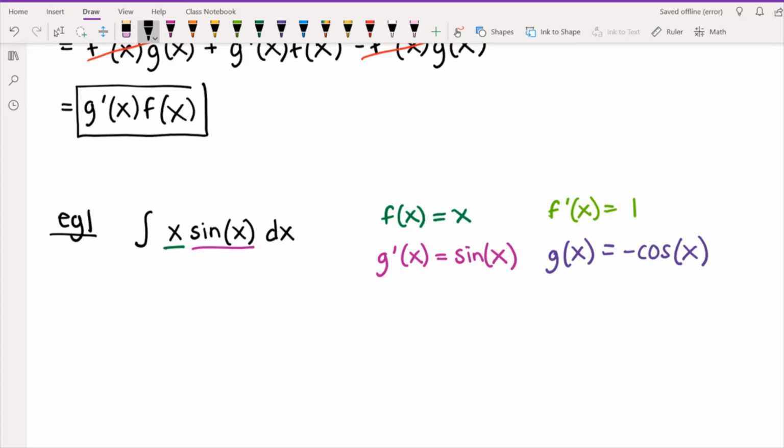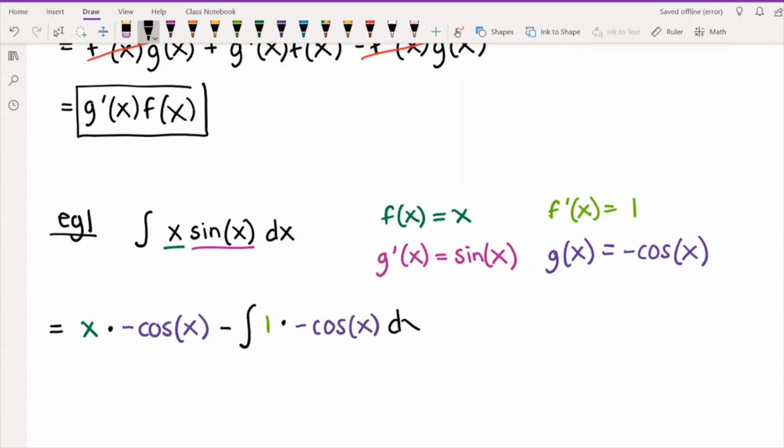Okay, so what is this going to give us? Well, according to our integration by parts formula, we need to multiply together f of x and g of x. So that's going to be x times negative cosine of x. And then from that, we're supposed to subtract the integral of f prime of x, so that was 1, times g of x, and g of x was negative cosine of x.